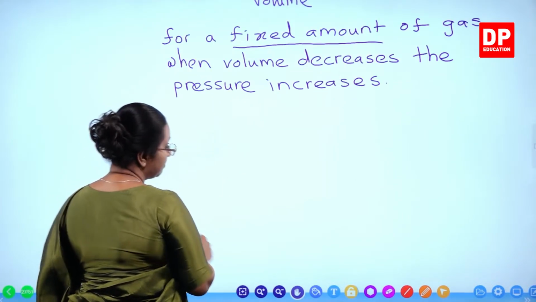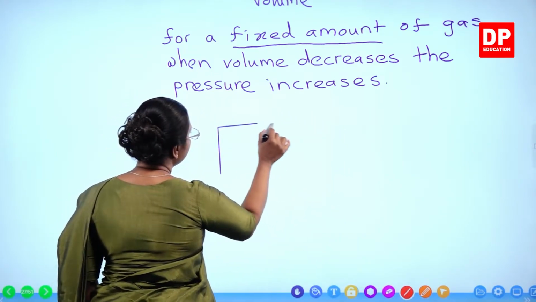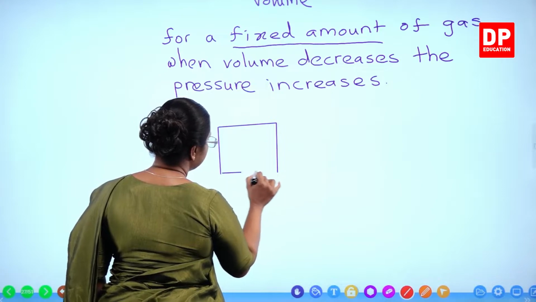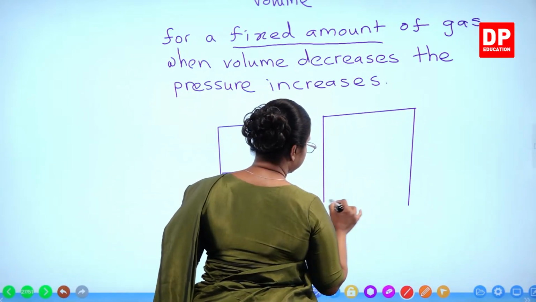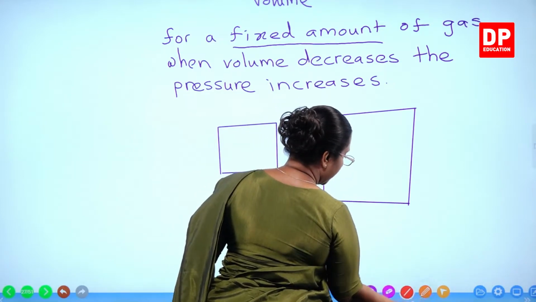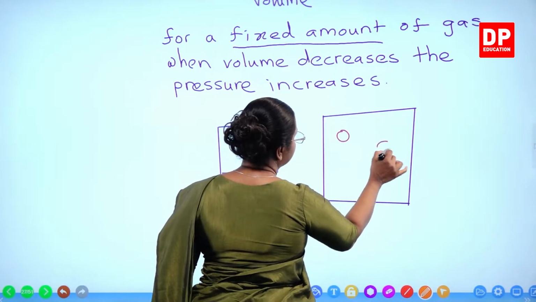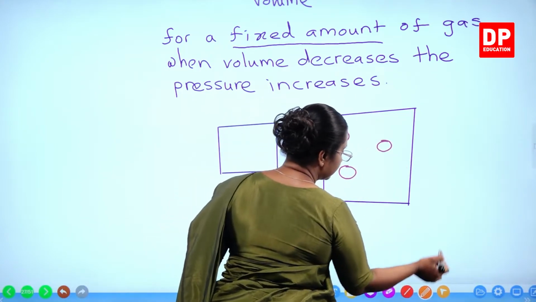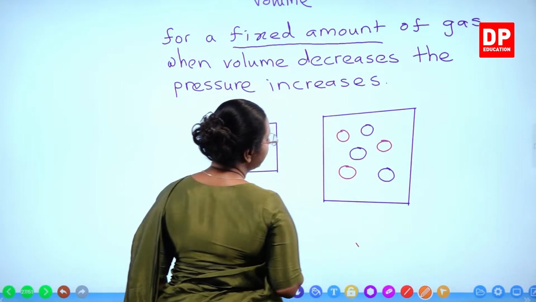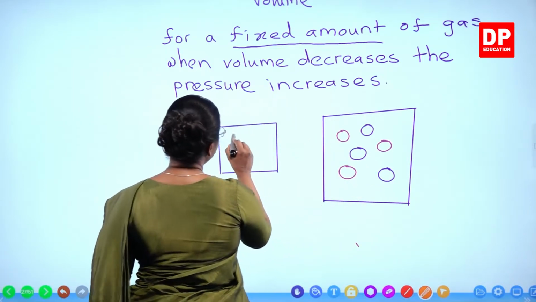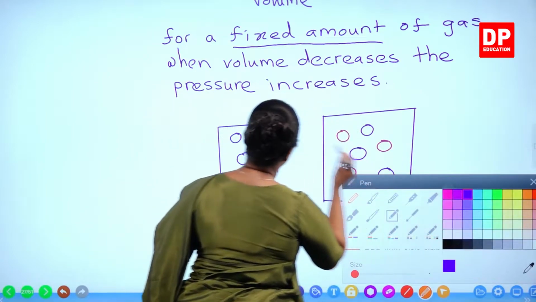Now, like I said before, you have a closed container. Inside this, you have, let's say, reactants, 3 particles each of reactants A and B. The same reactants are there inside a small volume.